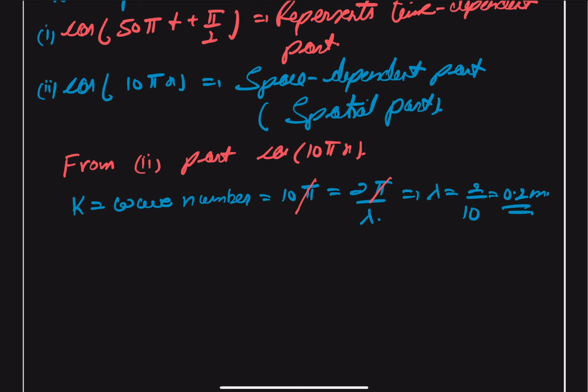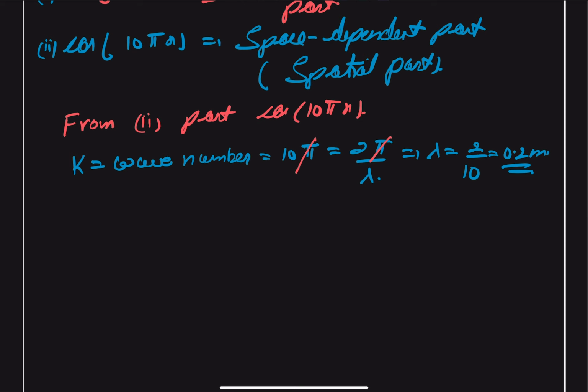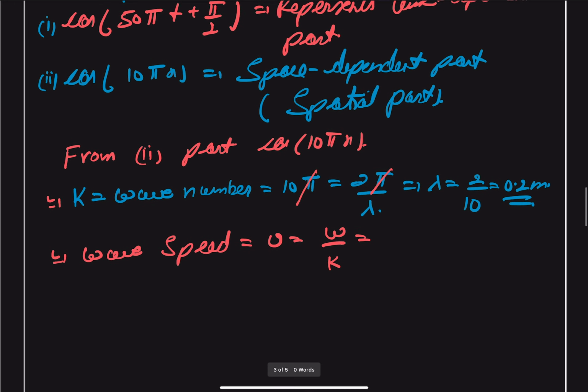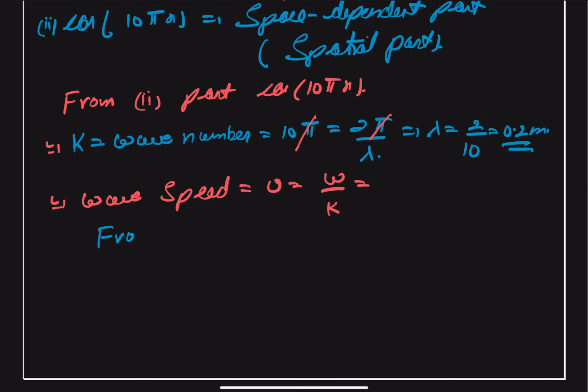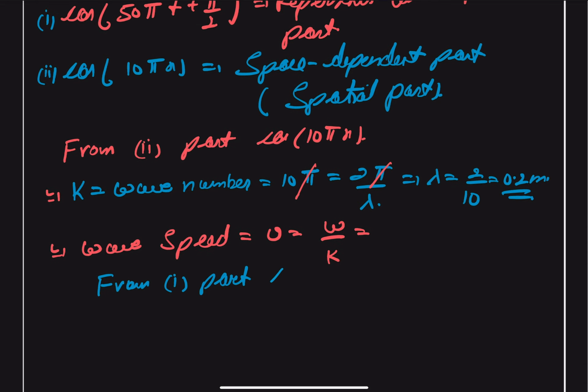And now we can find out the wave speed, which is v. The wave speed v will be equal to omega upon k, and from the first part, cos of (50 pi t plus pi by 2), we can find omega: omega is equal to 50 pi.